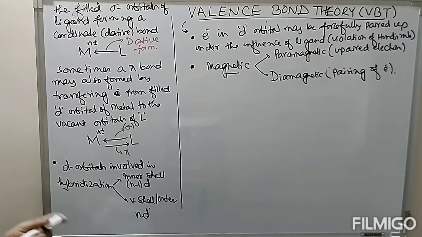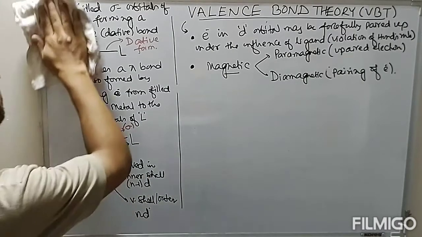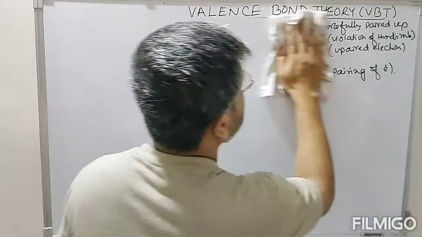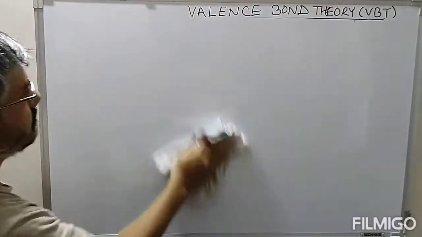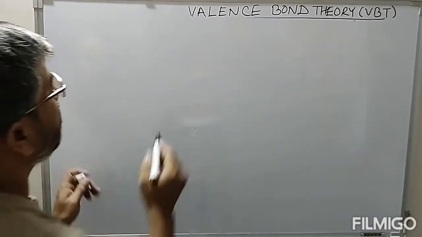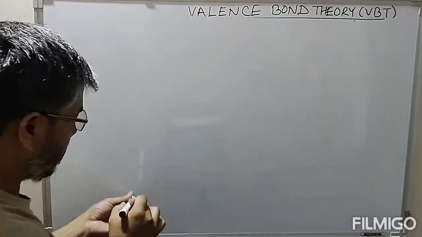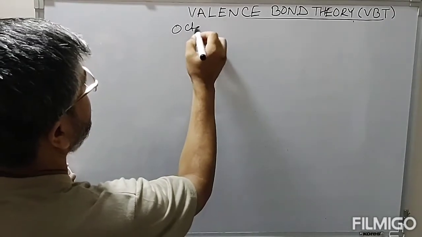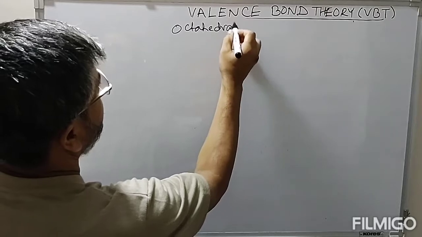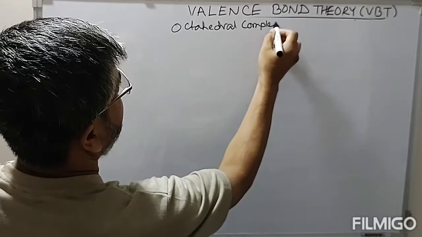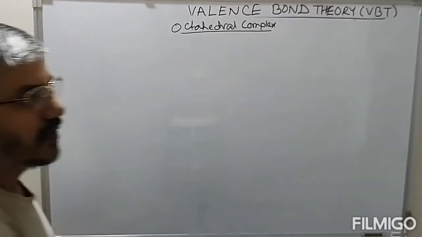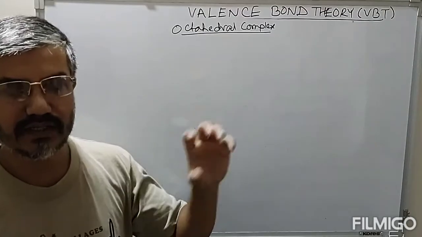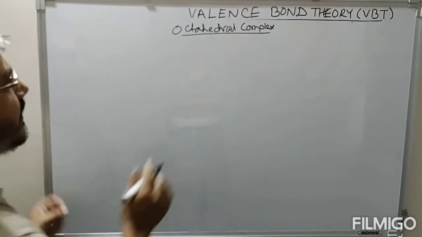So first we will take up octahedral complex, that is, valency bond theory in octahedral complex. Now the octahedral complex formed by the central metal ion or the central metal atom is of two types.